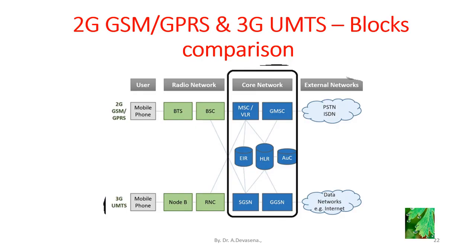In the core network of the 3G UMTS, we will be having SGSN and GGSN. These blocks in turn are connected to the data networks, for example, internet. Mostly the EIR, HLR and authentication center are common for both 2G as well as 3G networks. This is the representation comparison.